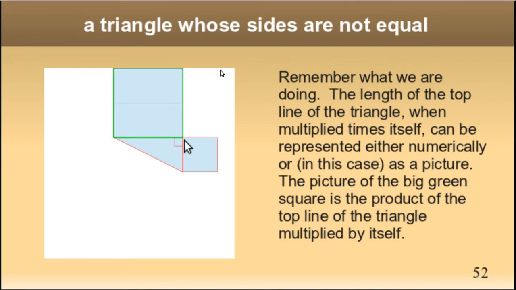In this case, I am representing it visually by drawing in a square. The picture of the big green square is nothing more than the product of the top line of the triangle multiplied by itself.